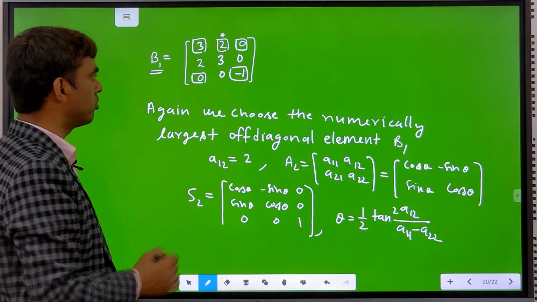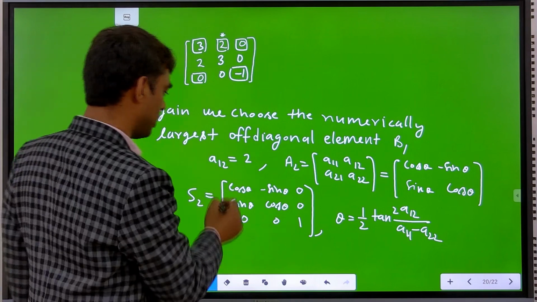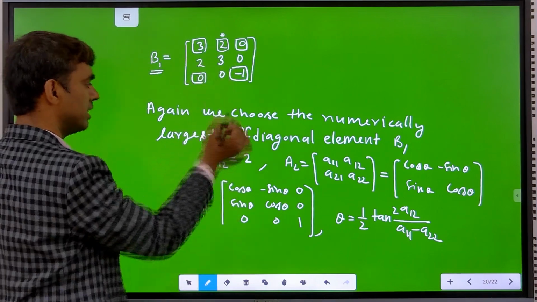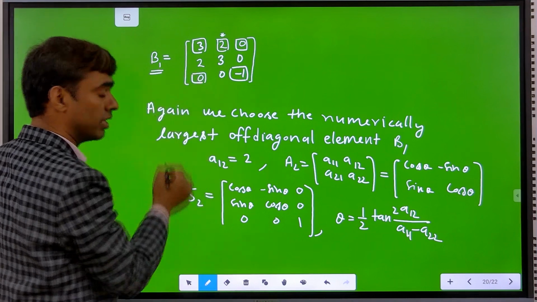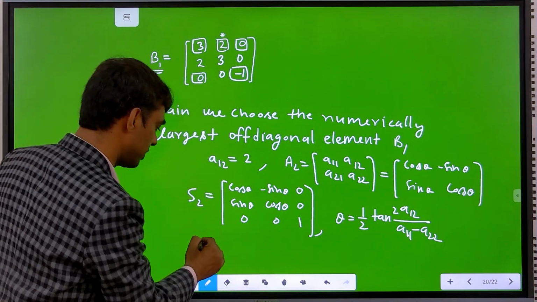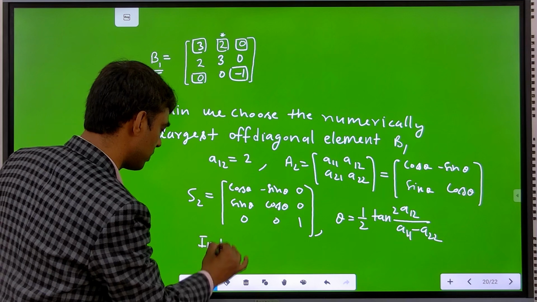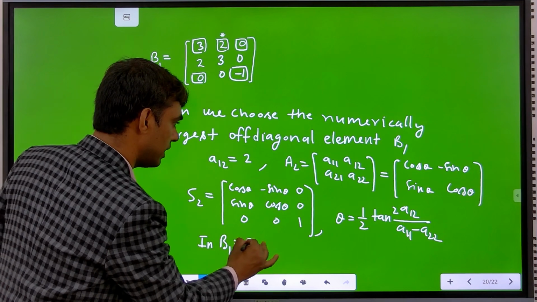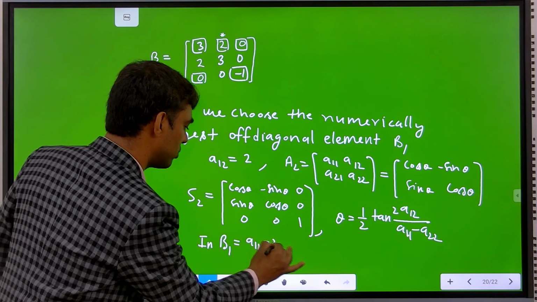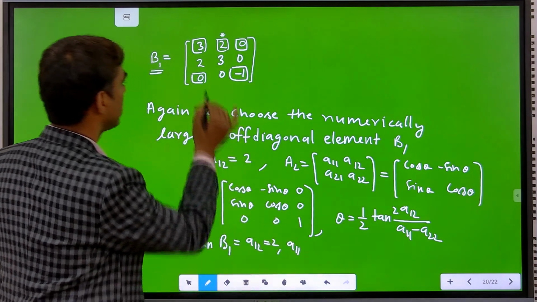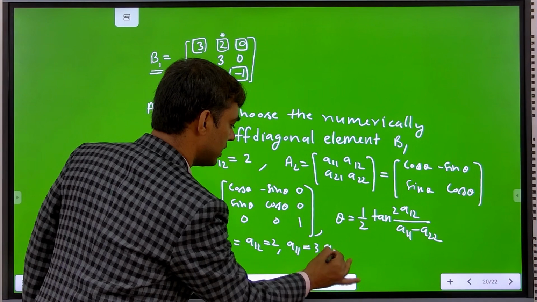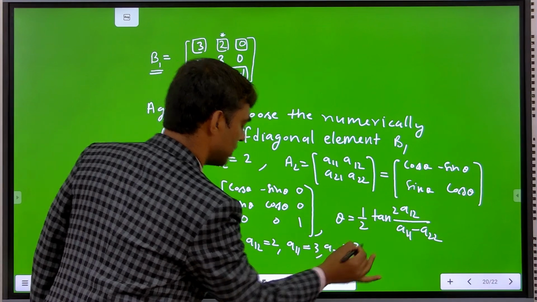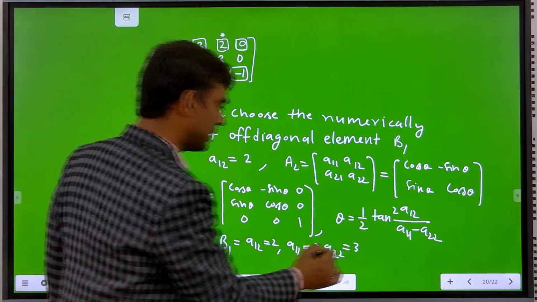Now, what is A12? Here we compare in the matrix B1: A12 is 2, A11 is 3, and A22 is 3. So, what is the value of theta?